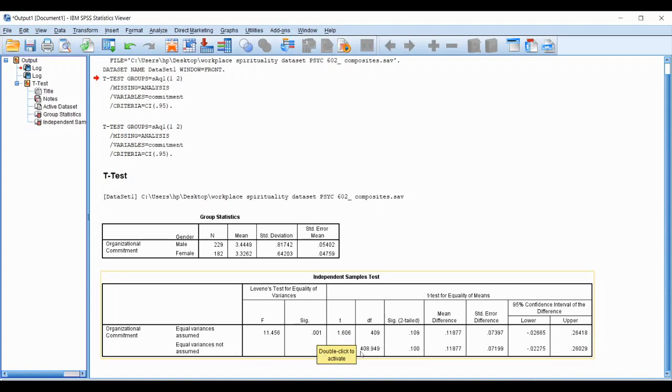So you are supposed to read our information from beneath. Put it at the back of your mind that Levene's test for equality of variance helps us find out whether to read our information from the top or from beneath. So right now we know we are supposed to read our information from beneath.